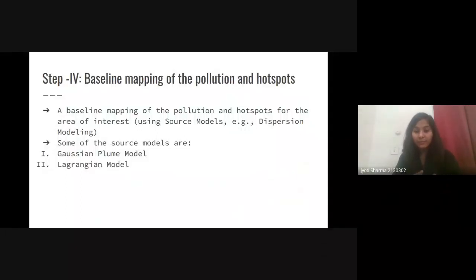Then you will put these values into another model, for example a dispersion model, a Gaussian model, and that will give you the value at some receptor, like 1 kilometer away from the source, how much concentration you will get. So such a type of model will give you the pollution concentration at the point of interest.